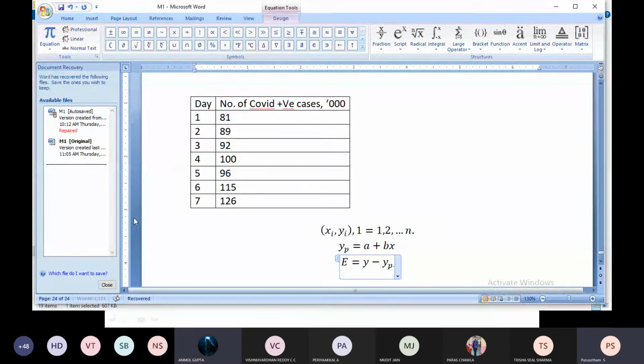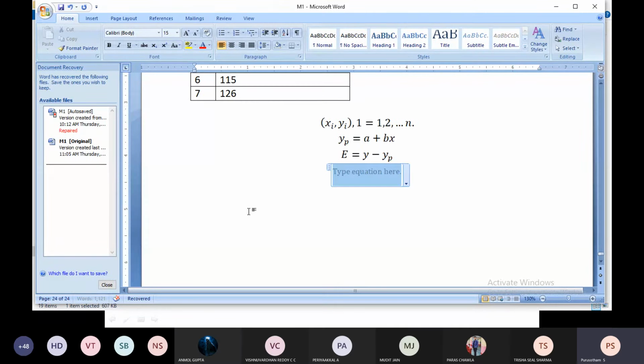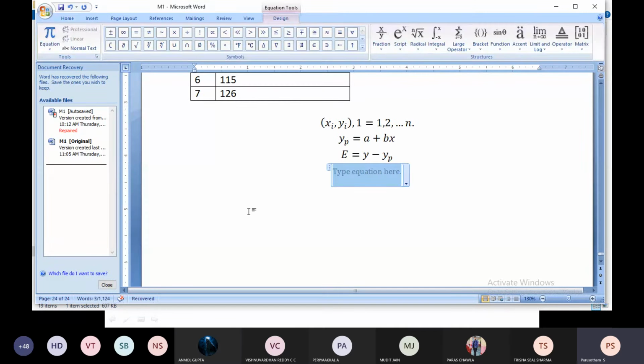Okay. So now we want to minimize this error. In order to minimize the sum of the squares of this residual error, we consider the sum of (y minus y underscore p) whole square.